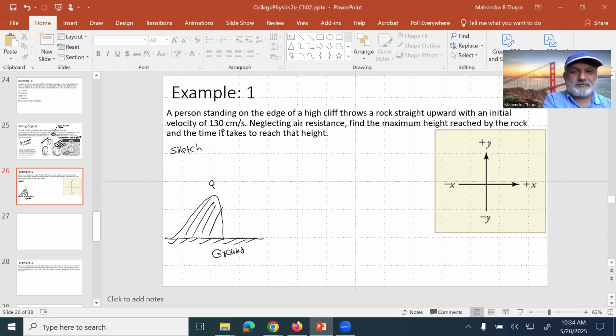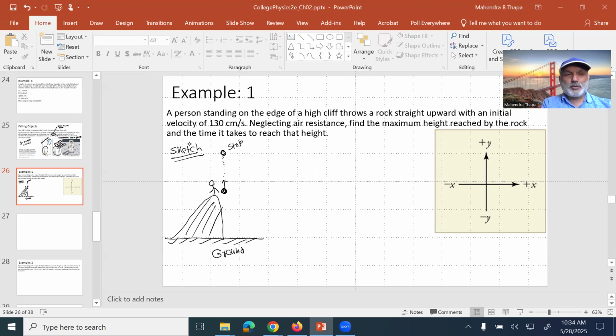The person is near the cliff, and he throws a stone. It will go up, up, up, and at some point it will stop. Right? So this is the situation.